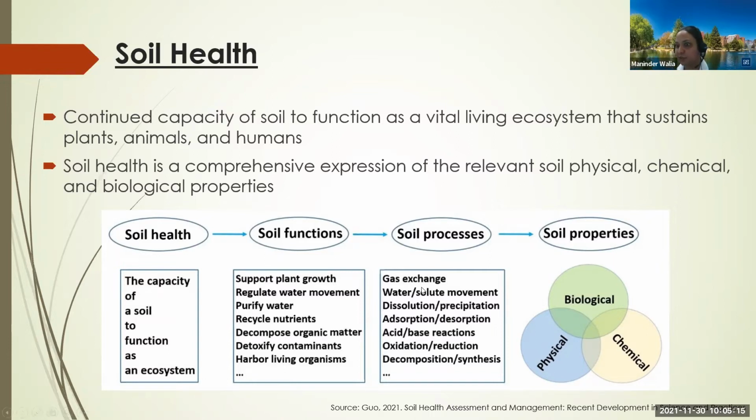It is a state of the soil being in a sound physical, chemical, and biological condition, having the capability to sustain the growth and development of land plants to fulfill all their needs. So it's the function, it's a continued capacity, and it's a living ecosystem. And it needs all the properties to be in a sound state to be termed as healthiness of the soil.